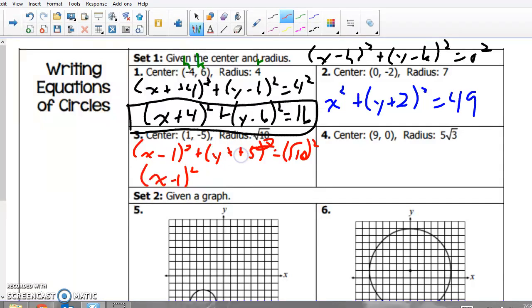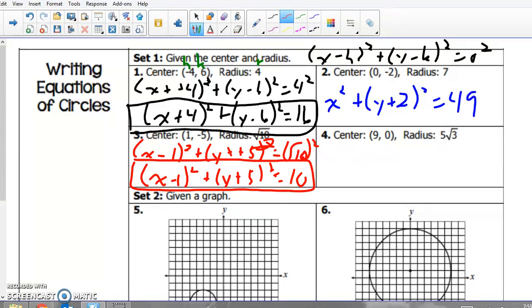This will change to a plus, so it's going to be plus y plus 5 squared. And remember back when we did radicals, when I take the square root of 10 times the square root of 10, it simply cancels out the square root and just leaves you with the original number of 10. So here's my equation of this circle or conic section.